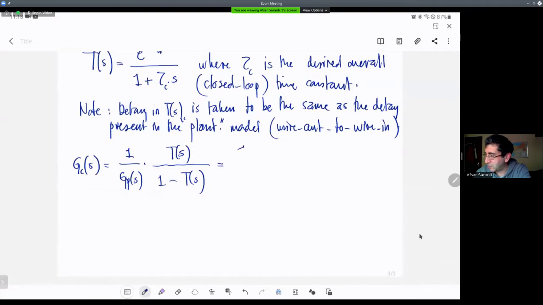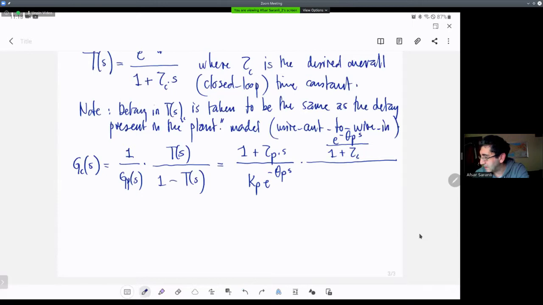Okay, so inverse of the plant, 1 plus tau p s over kp e to the power minus theta p s. And then I also have e to the minus theta p s over 1 plus, this time the desired time constant, tau c s, over 1 minus e to the minus theta p s over 1 plus tau c s.